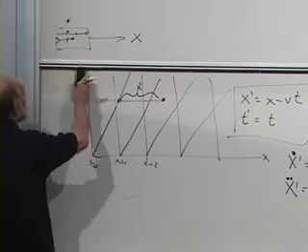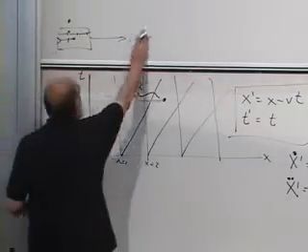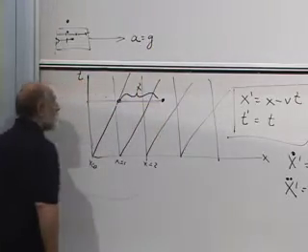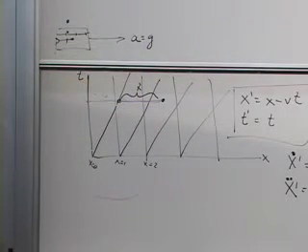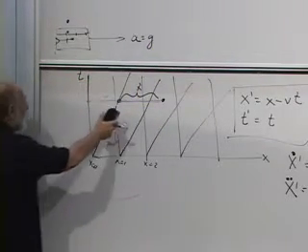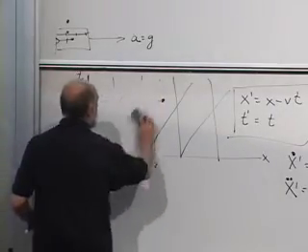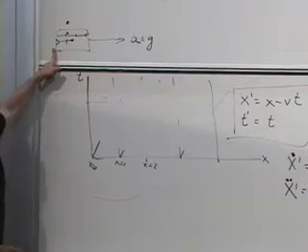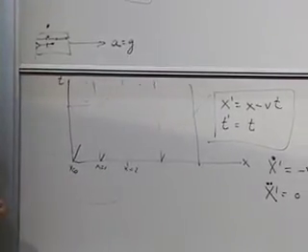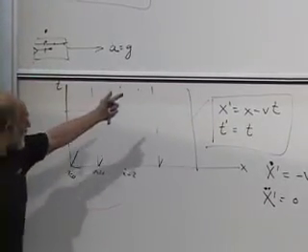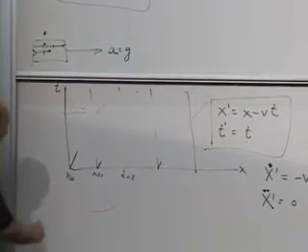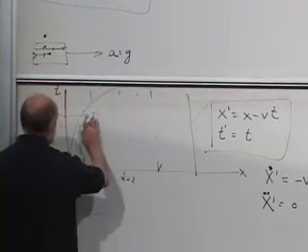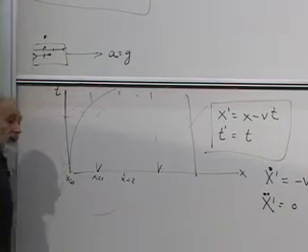Supposing it's moving with uniform acceleration, a equals little g, the acceleration due to gravity, how does the floor of the elevator move relative to me? Well, it doesn't move on a straight line. It moves on a curved line. It moves on a parabola.